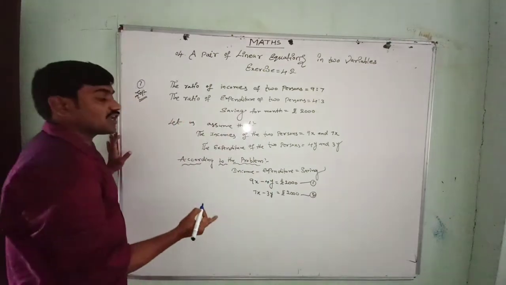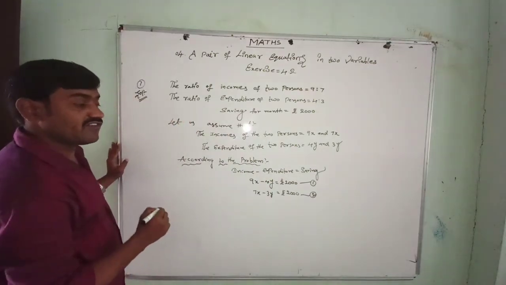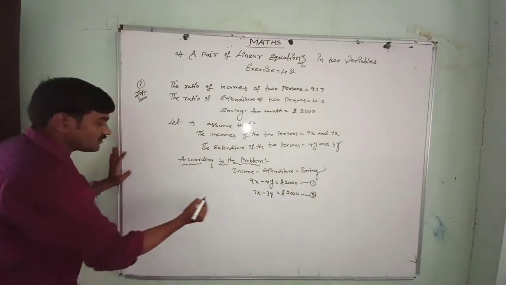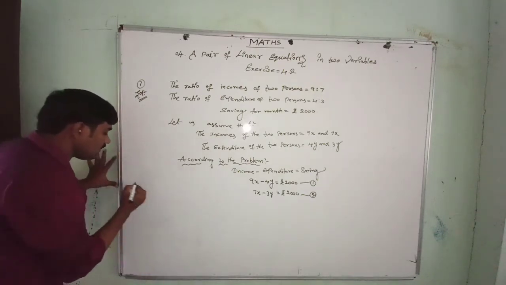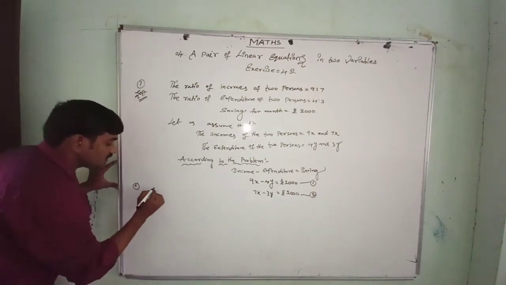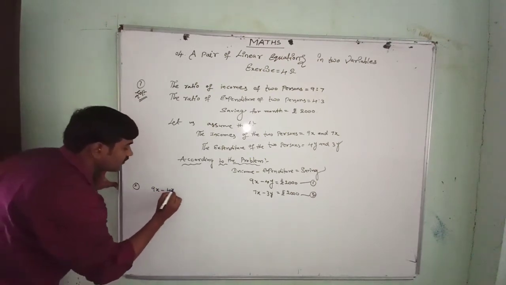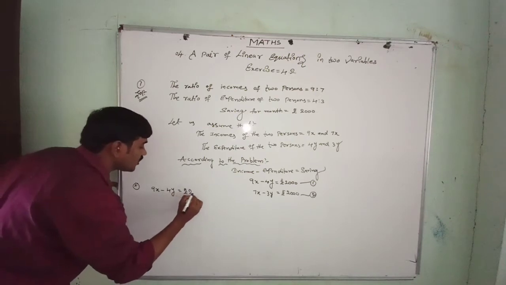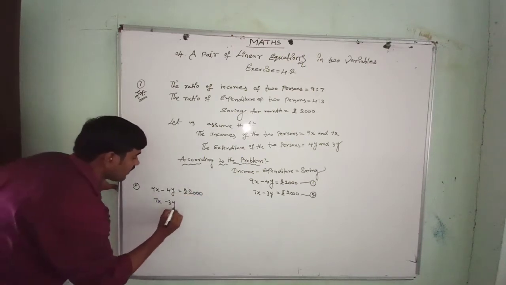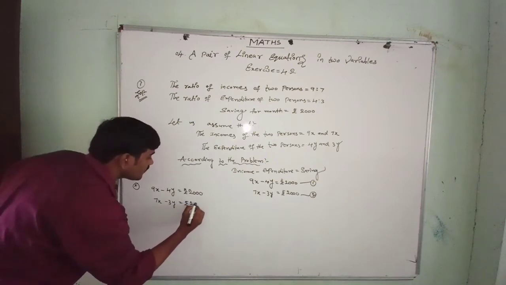Here we understood how to make a pair of linear equations in two variables from the word problem. Now let us solve this problem. From here I will start because I need a place to solve. Here 9x minus 4y equals rupees 2000 and 7x minus 3y equals also rupees 2000.